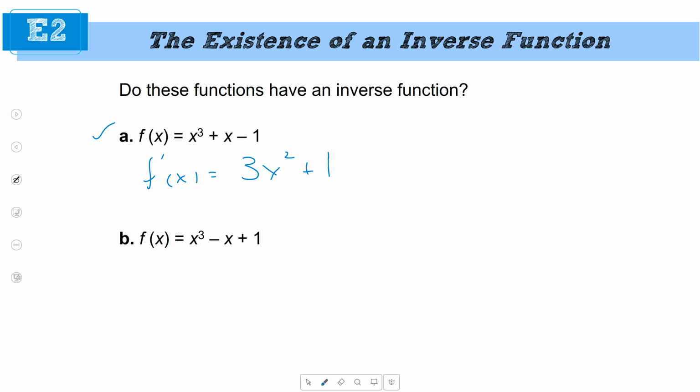It never loops over itself. But it does, it's a parabola. Can that derivative ever be positive? It's always positive. Can it be negative? No. Okay, so that's an important thing.